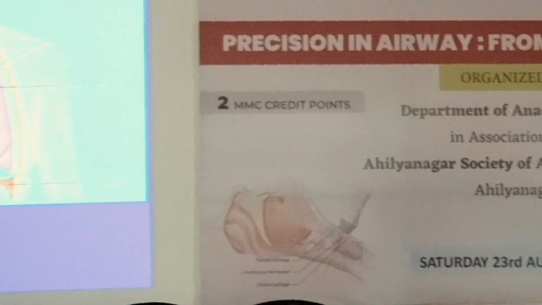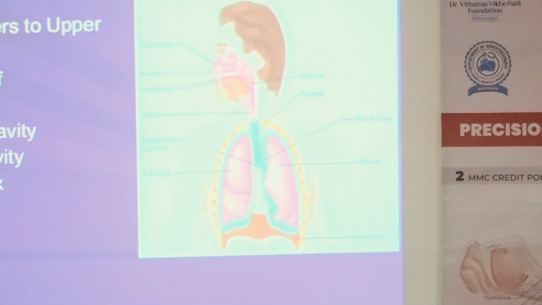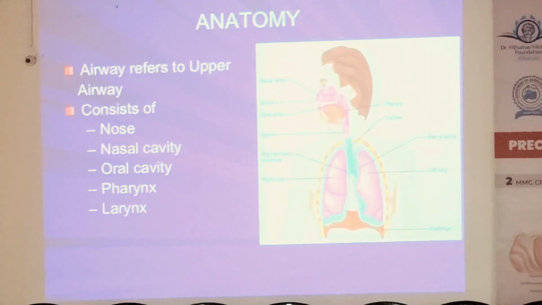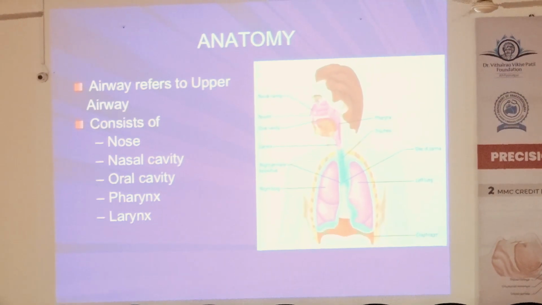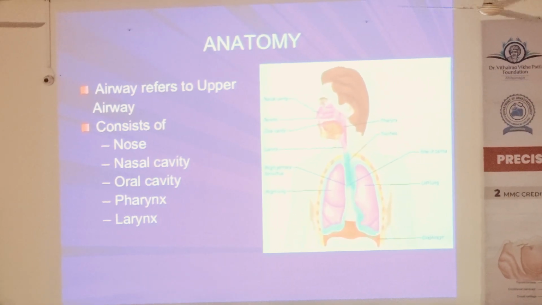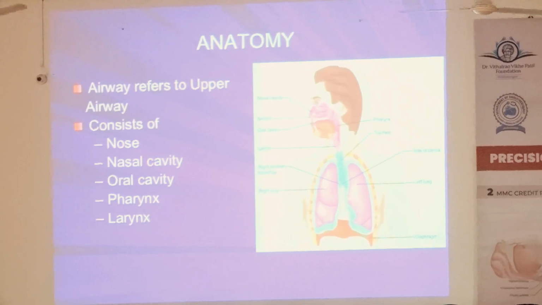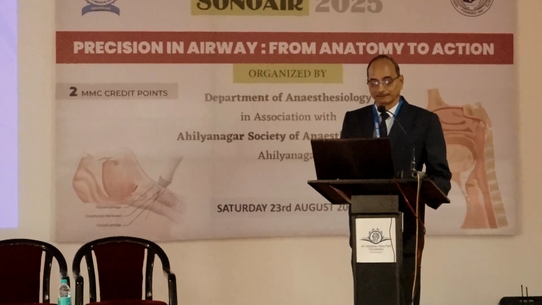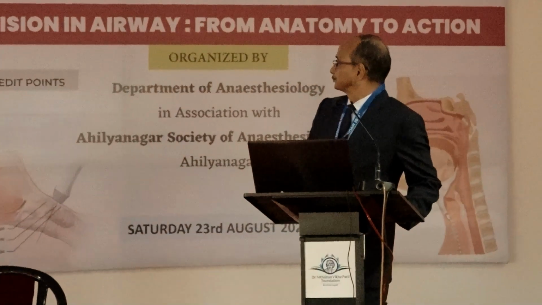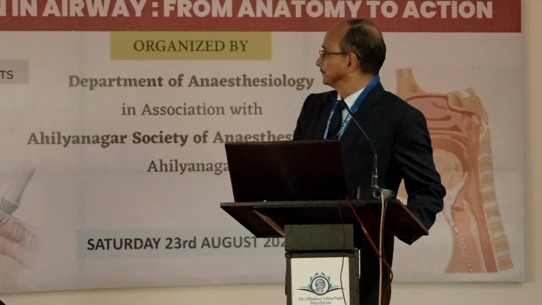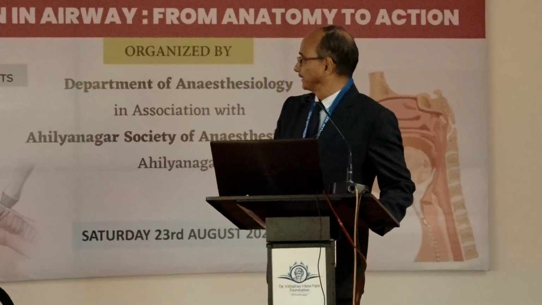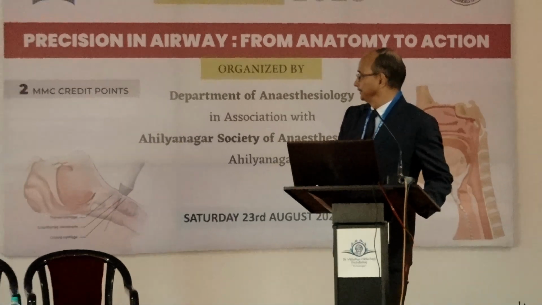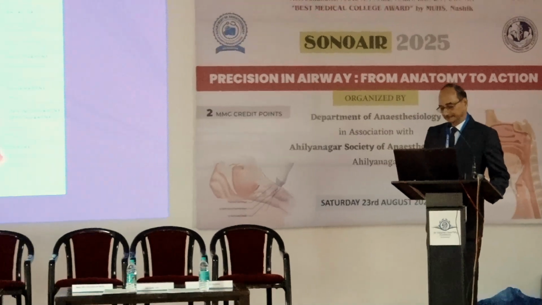This picture is showing you the anatomy of the airway. The larynx is the upper airway, and below that the trachea and the major bronchi are the lower airway. Again, this is showing us the nasal cavity, the nasopharynx, the oropharynx, and the laryngopharynx or the hypopharynx.